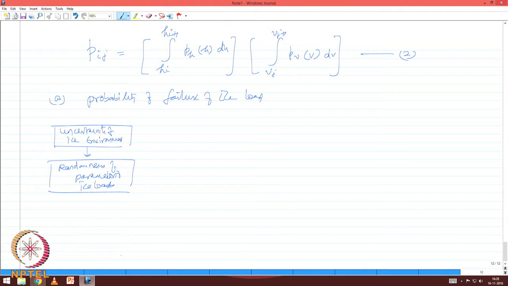On the other hand, you also check the variability in performance of the platform and the factors that induce ice induced vibration.